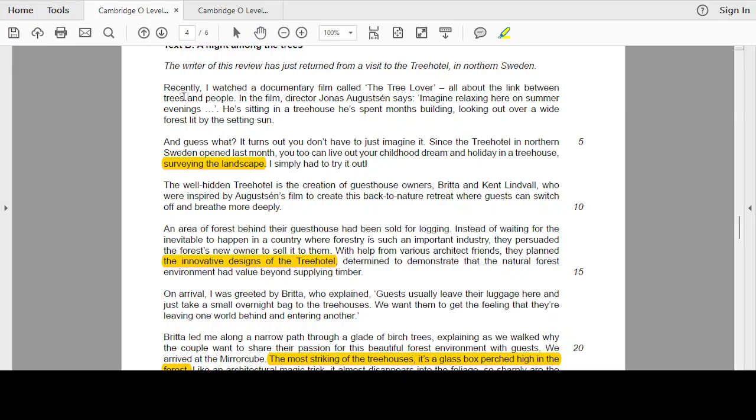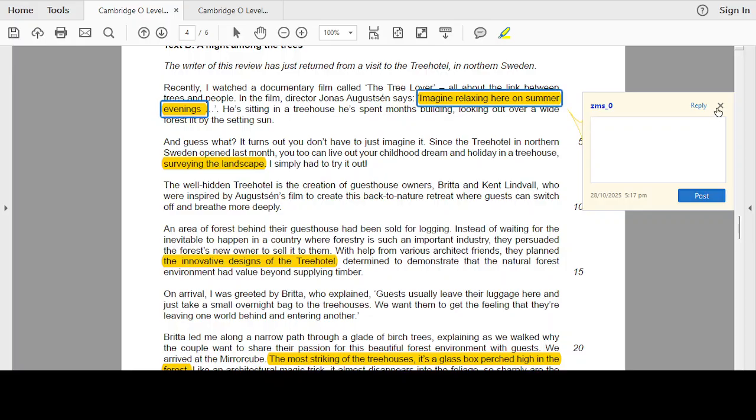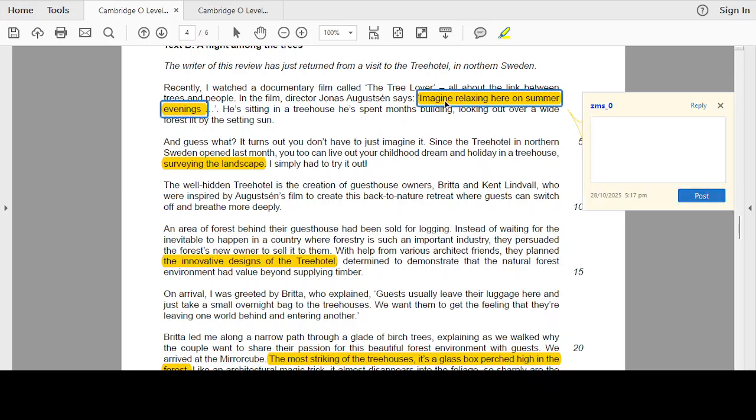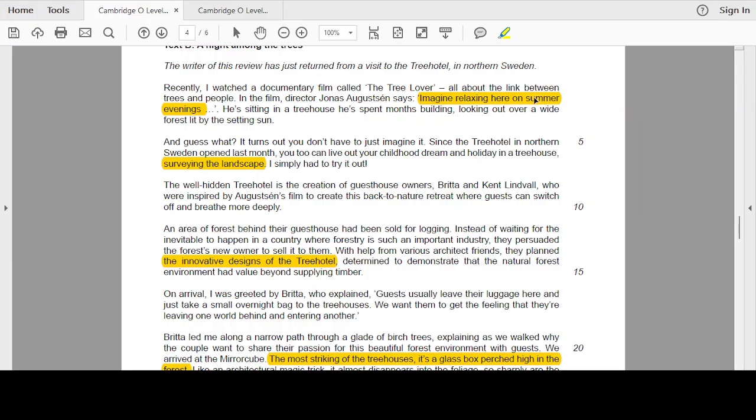Okay, the first paragraph, and I'll just change my highlighter color. Change highlighter color. Come on. Oh well.